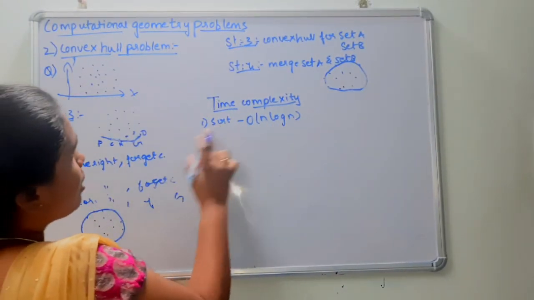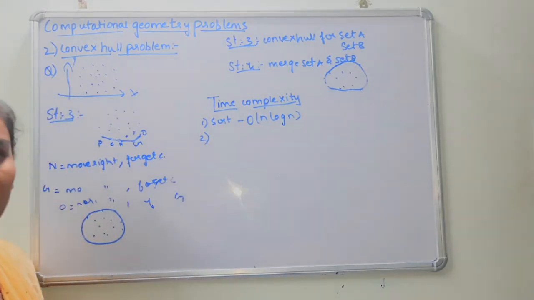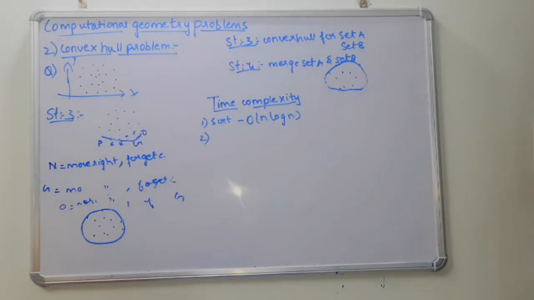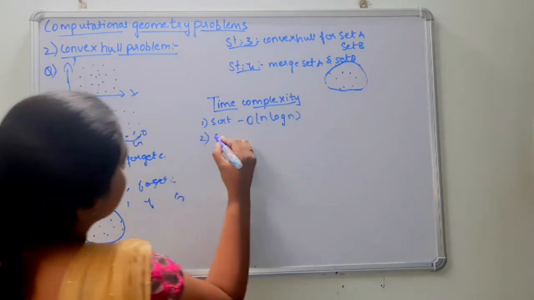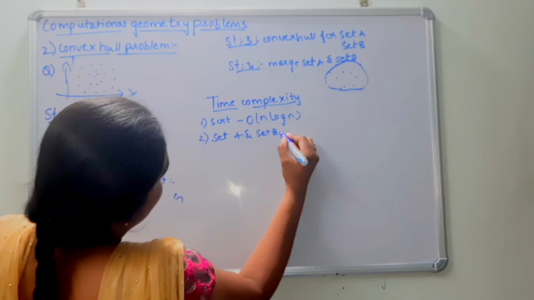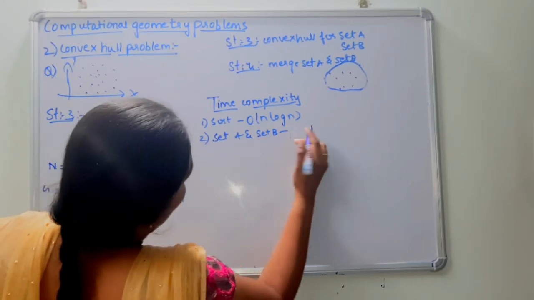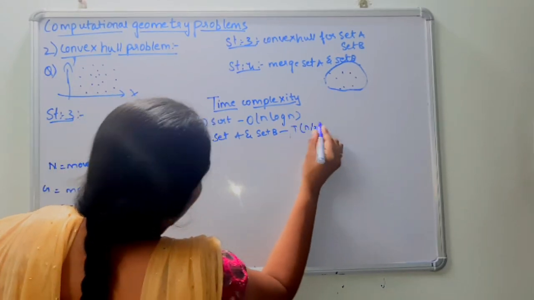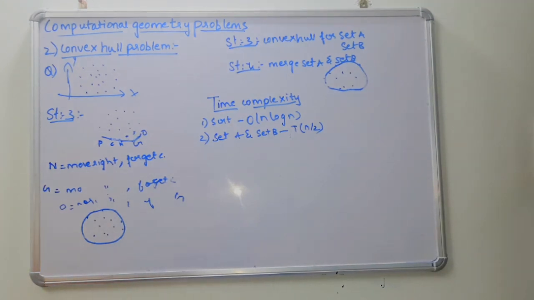After sorting, we divide the points into two sets, set A and set B, which is T of n by 2 each.